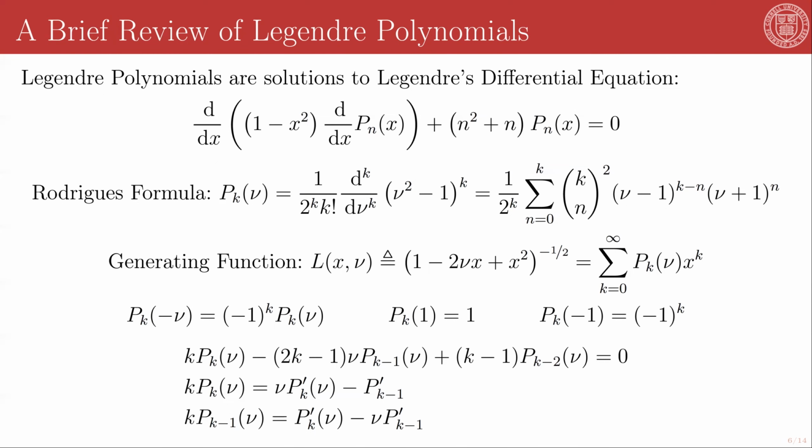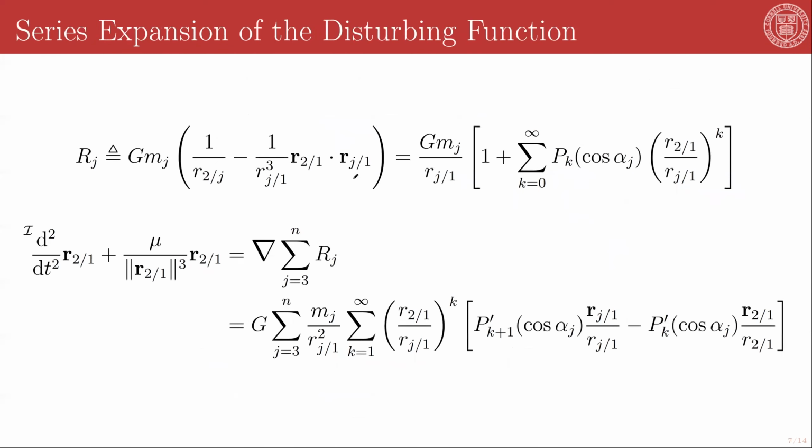Returning to the disturbing function, we can now write the jth disturbing function, which we originally defined as the gravitational constant times the mass of the jth perturber times the quantity 1 over the distance between our orbiting body and the jth perturber minus 1 over the distance between the jth perturber and the central body cubed times the radius vector r_2/1 dotted into the radius vector r_j/1.